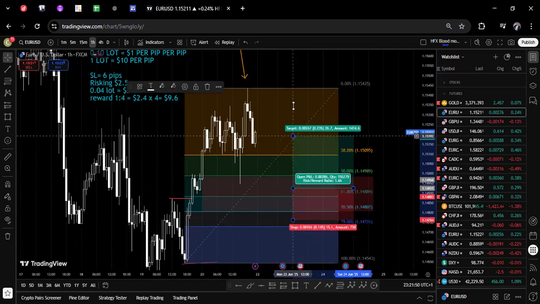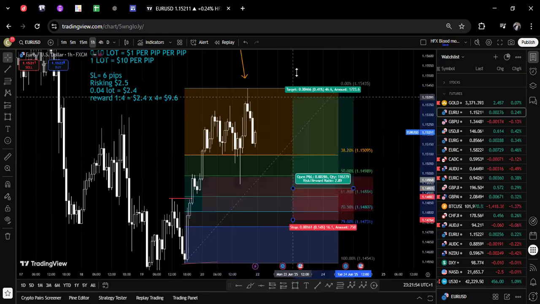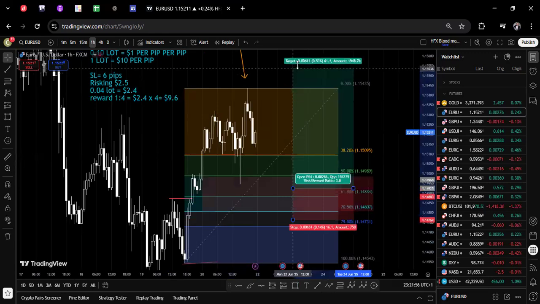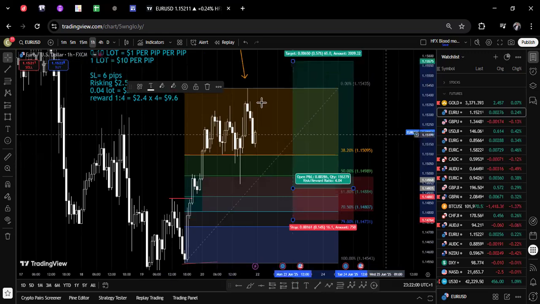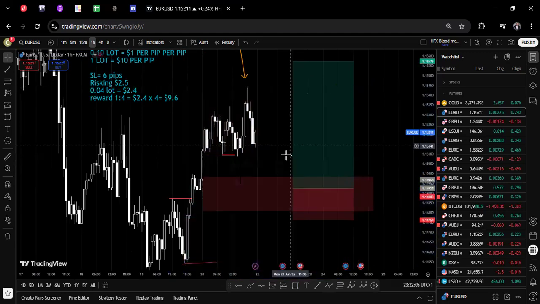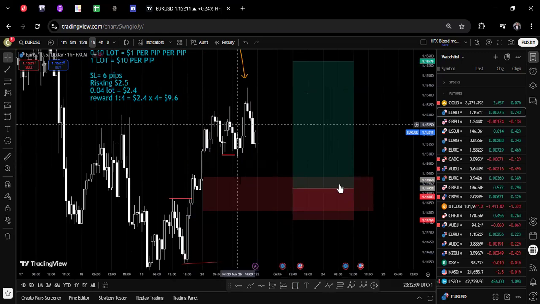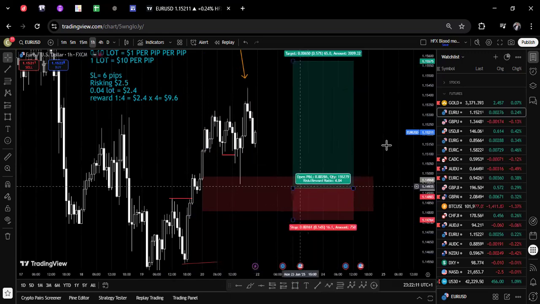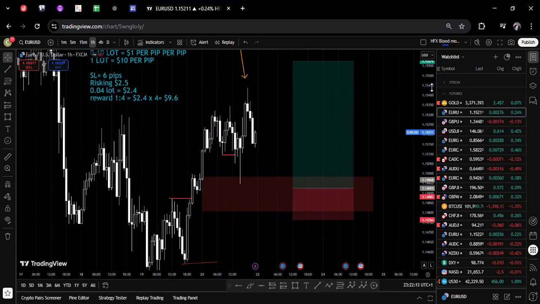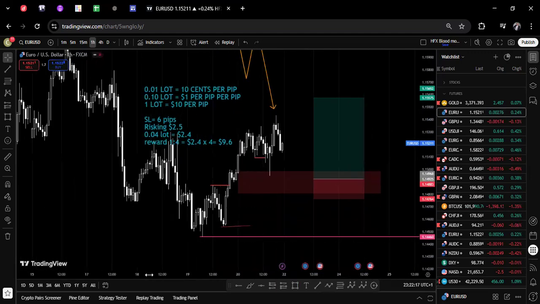Let's say I'm targeting 1:4 still. So this is what I'll be targeting now. Let's see how it's going to play out by Monday, right? Remember, as you can see on the chart, I'm not in the trade. I'm waiting for it to get back into this area for me to take my buy, right? So I'll patiently wait and see how it plays out by next week.